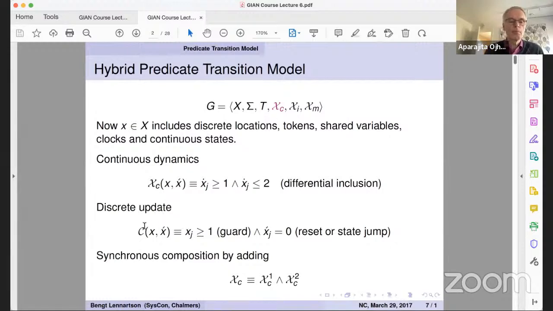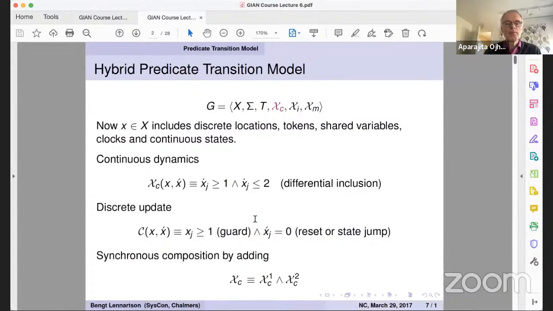Then we can also combine this with the discrete guards that we had before, and we can even make jumps on the state variables, which is another interesting extension, that you can make discrete jumps in the state, even in the continuous state variables.